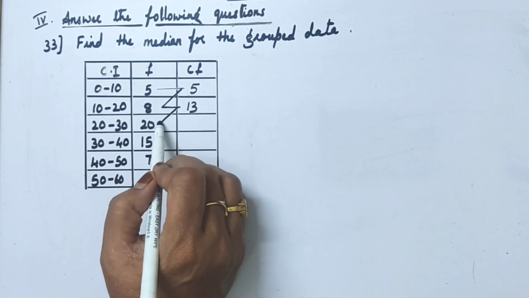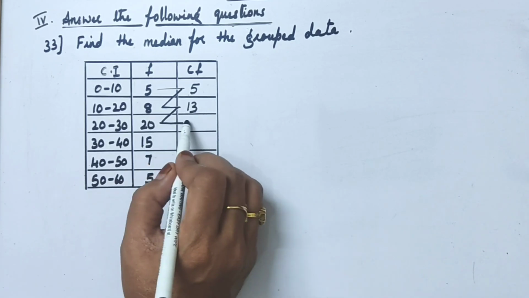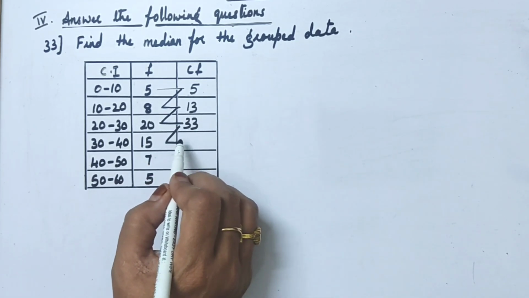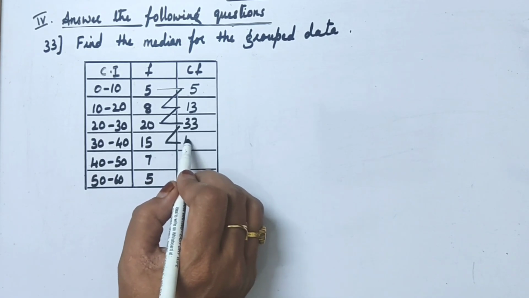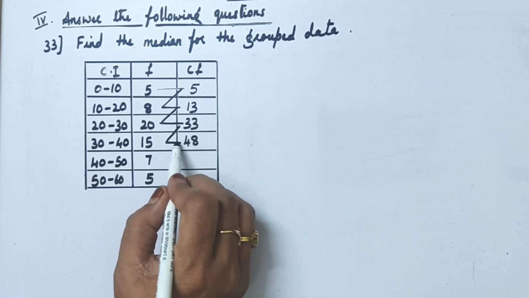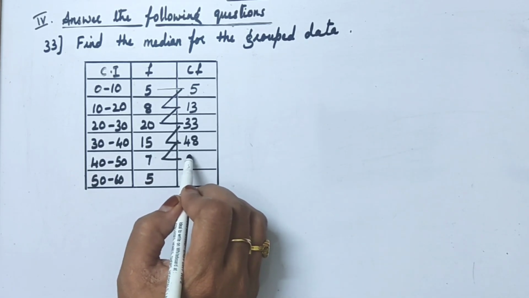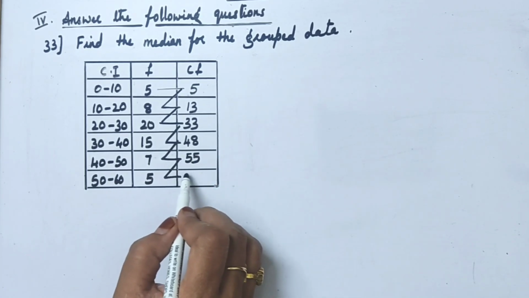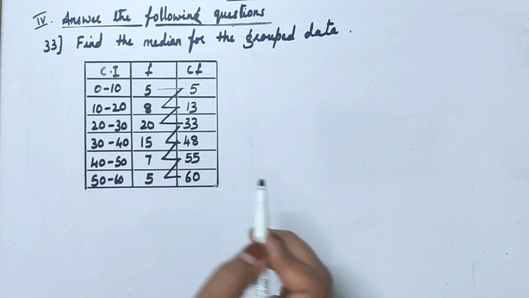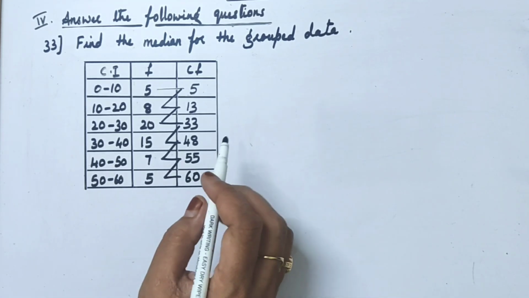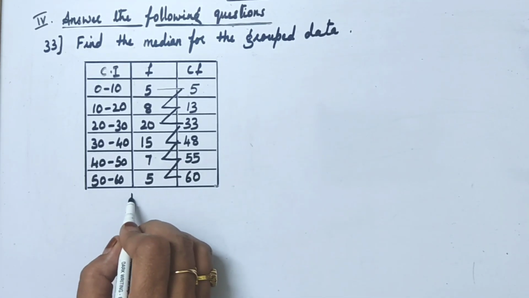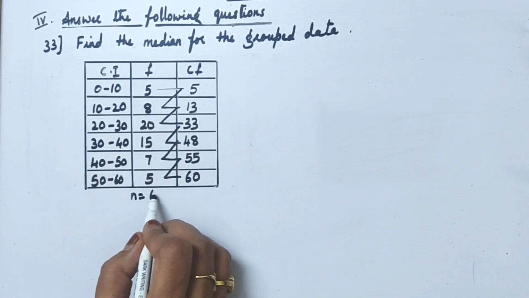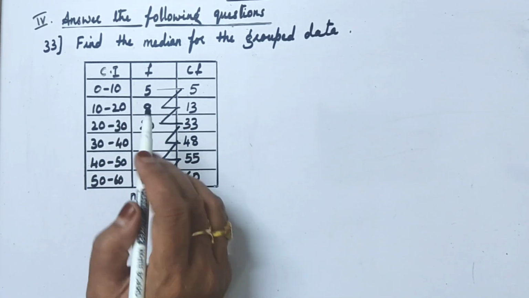Okay, 13 plus 20, if I add, I'm going to get 33. 33 plus 15 is 48. 48 plus 7 is 55. 55 plus 5 is 60. Okay, 60. Now here the number of these terms, that is frequency, is 60.